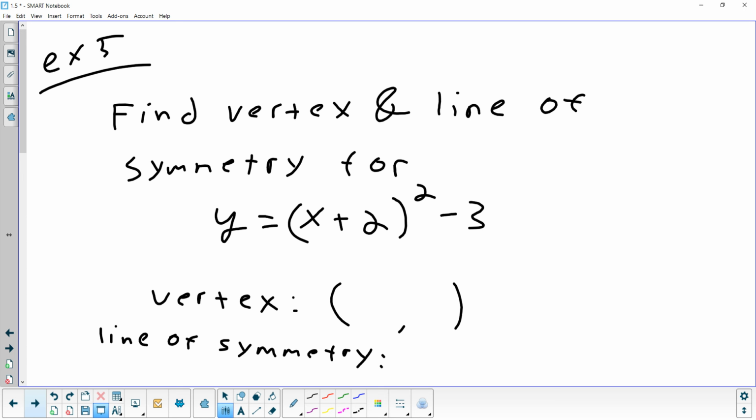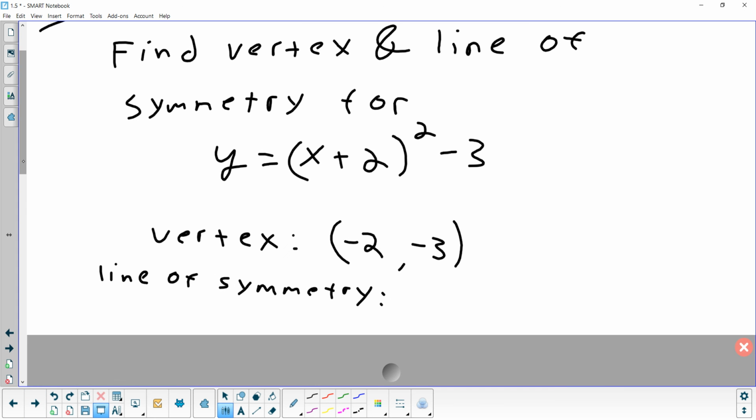Yep, 2 to the left. And what about the -3? Someone else? Yep. It's going to shift it 3 units down. So taking what he just said and writing the vertex, he said 2 to the left and 3 down. And that's my new vertex.